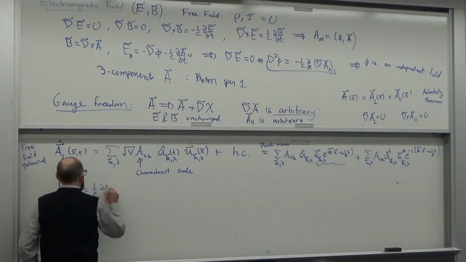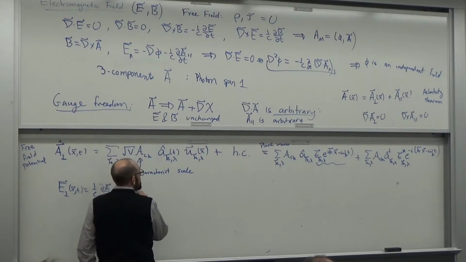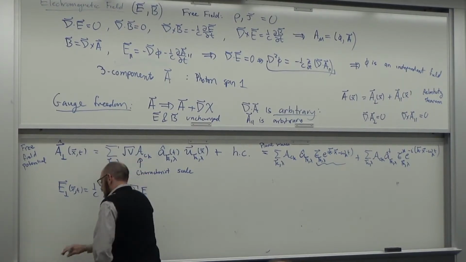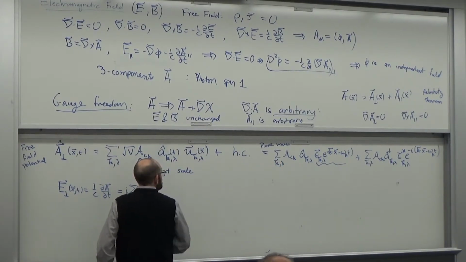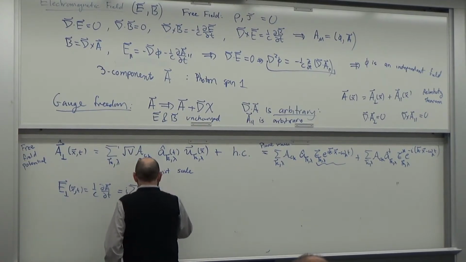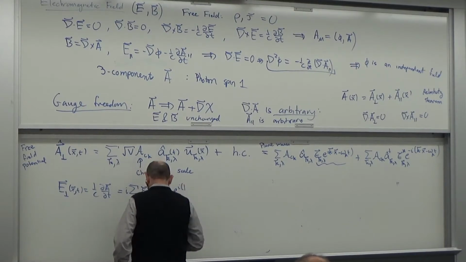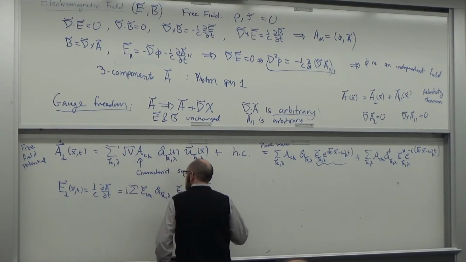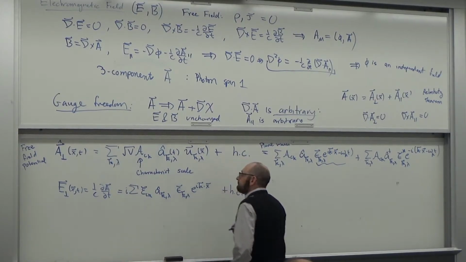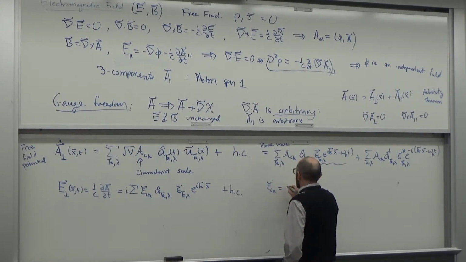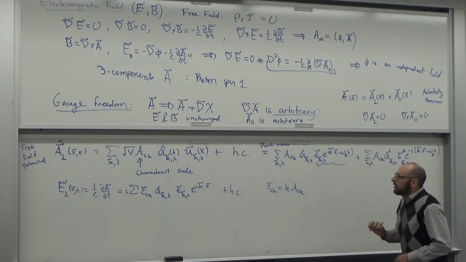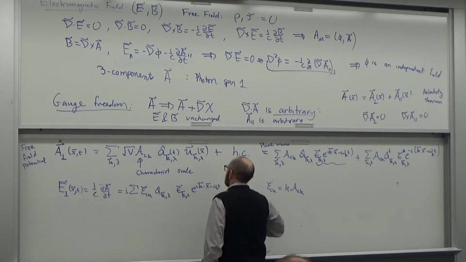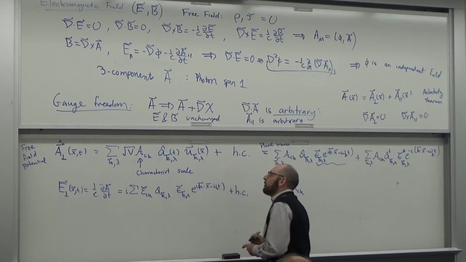Well, that, for the E field, gets this, which is equal to the following. The characteristic electric field scale is just k times that of the vector potential, because I brought down an omega over c when I took the time derivative here. HC stands for Hermitian conjugate.